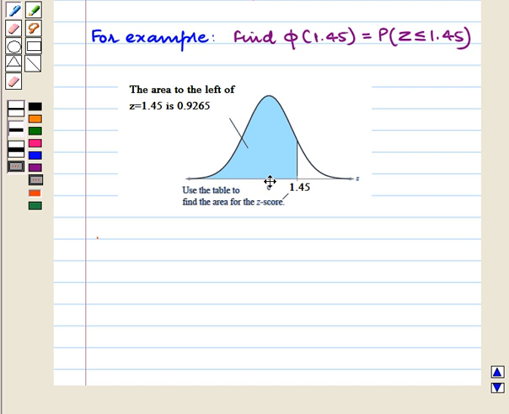It will lie to the right of 0. Now, our next step is to shade the required area under the curve. So, we shade the region of z less than equal to 1.45. It will be the area to the left of z.